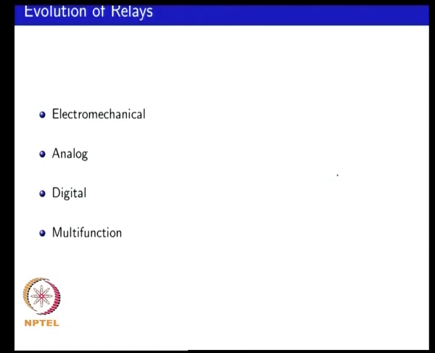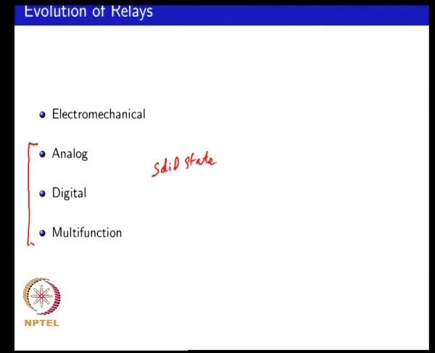So, after the electromechanical relay came analog relays, followed by digital and multifunctional. These three are actually solid state, compared to the electromechanical relay, which has moving parts within the relay package.